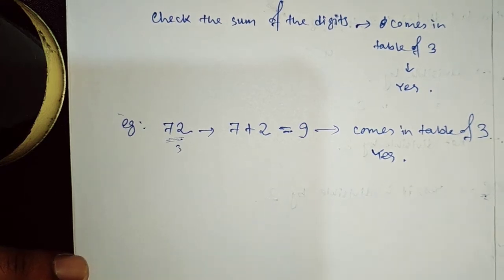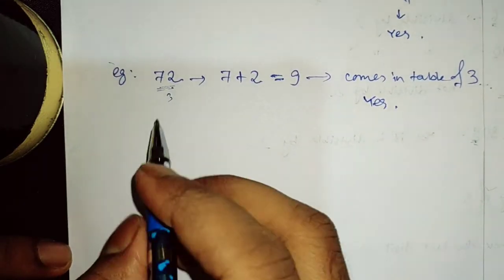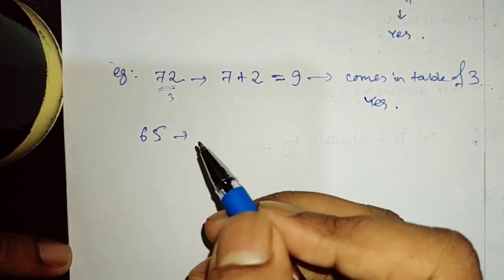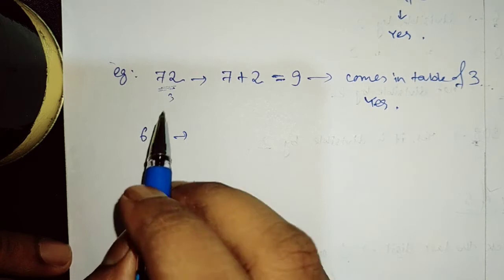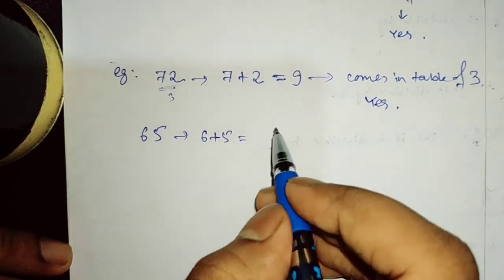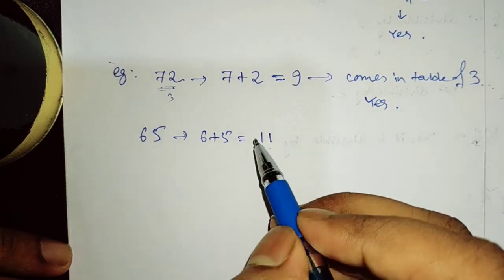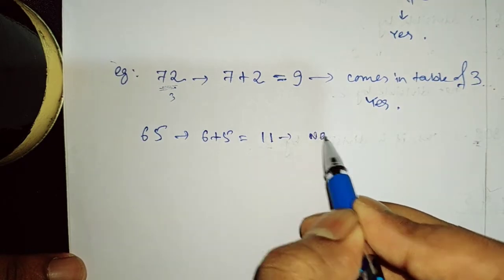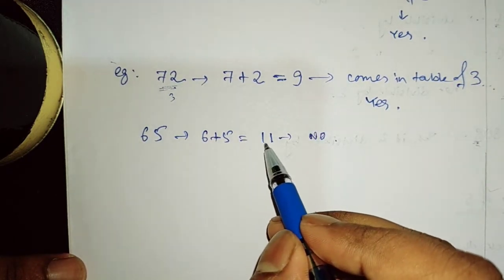Okay, if you take another example, say 65, what do we have to do? Yes, we have to do 6 plus 5. 6 plus 5 is how much? 11. Do we get 11 in 3's table? No, 11 is not divisible by 3.